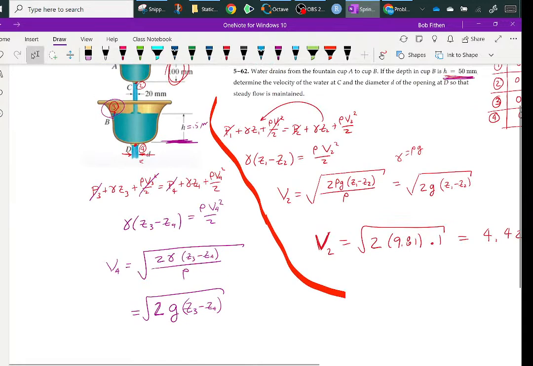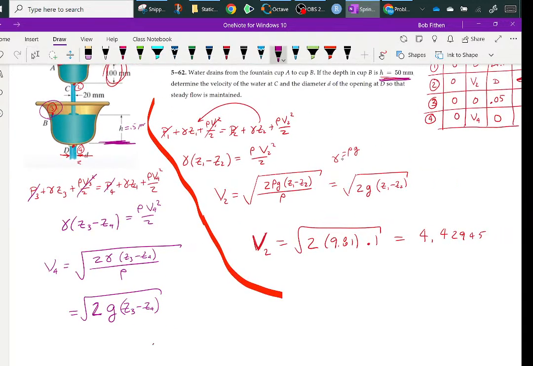Okay, the Z3 minus Z4 was 0.5. The G still ends up being 9.81. And 2, I'll do that. So V4 is equal to that.